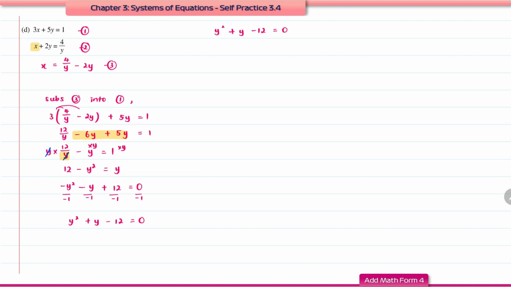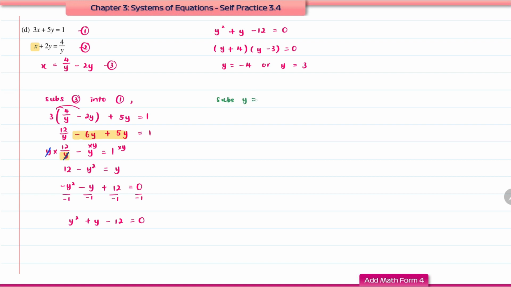So these questions you are able to solve by factorizations, as it can be factorized completely. So the first bracket you're going to get is y plus 4, and the other bracket is y minus 3. So you're going to get y is equal to negative 4, or the other one, y is equal to positive 3. So next we're going to find the value of the x.